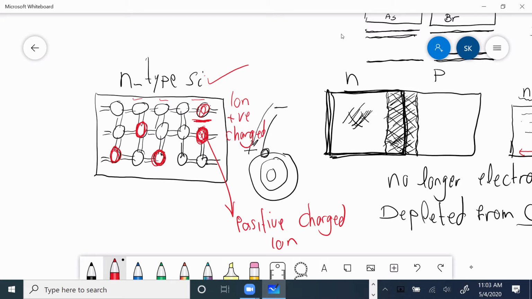This atom originally had 5 electrons. 4 of them were bonded with the neighbors. Then there was a free electron, freed. This electron that left this atom, what was left was an ion, a positive charged ion. So the whole of this material was full of electron carriers.